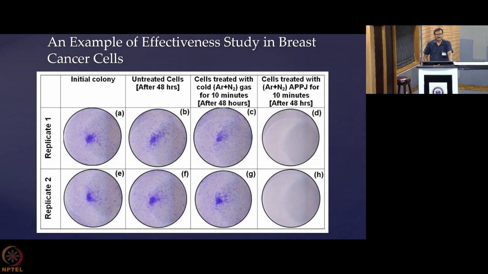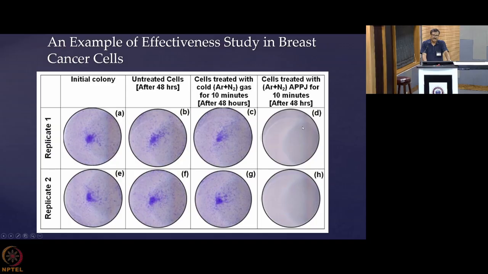So here is one example where this effectiveness study in breast cancer cells is presented. Here this initial colony is there, then untreated cells after 48 hours, then cells treated with argon plus nitrogen for 10 minutes, and then after 48 hours it has been taken, then cells treated with argon plus nitrogen in atmospheric pressure plasma for 10 minutes, and then after 48 hours, what you are seeing.